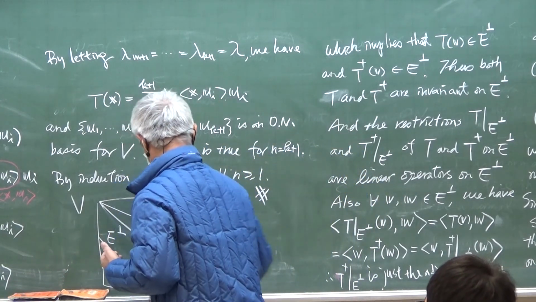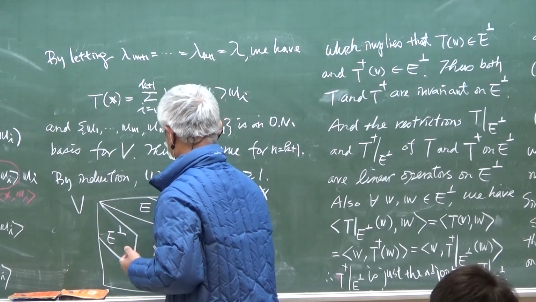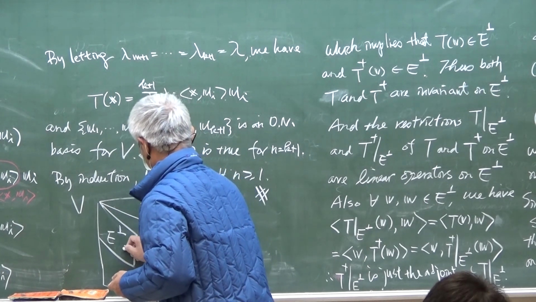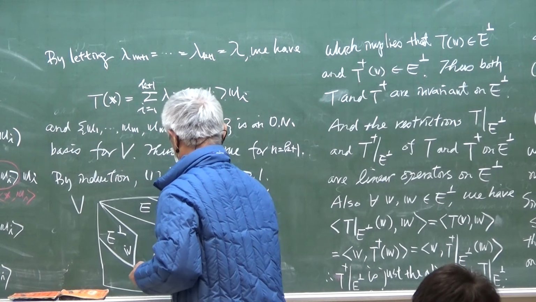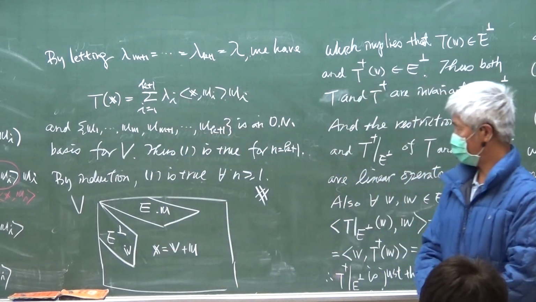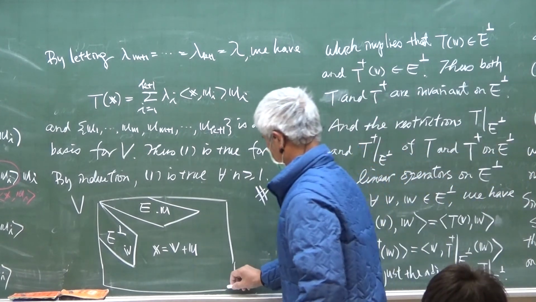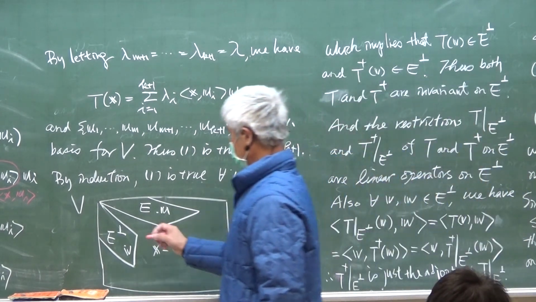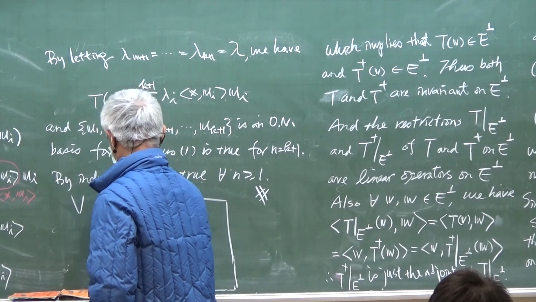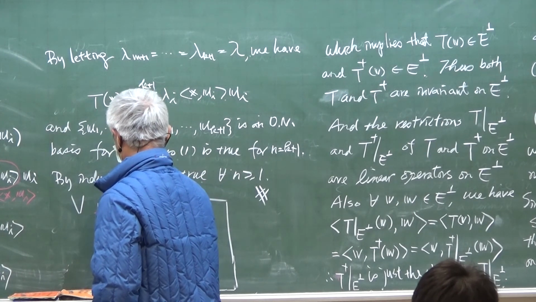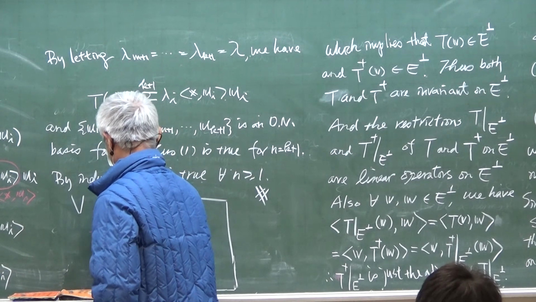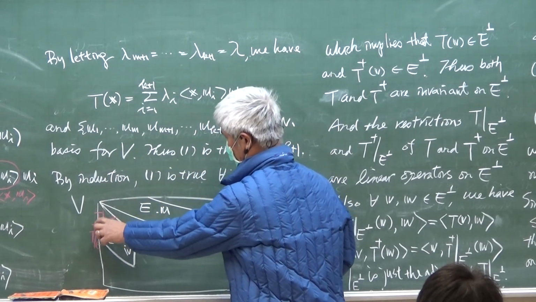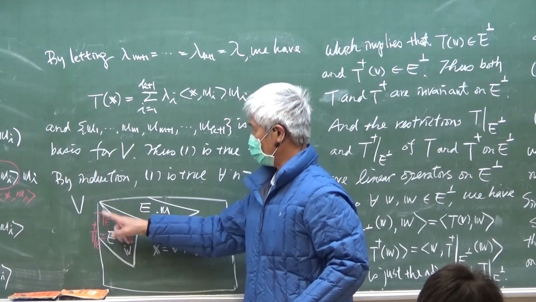Every x can be written as v plus u. And so we consider T restricted to E and T dagger restricted to E perp, and these are linear operators on the subspace.